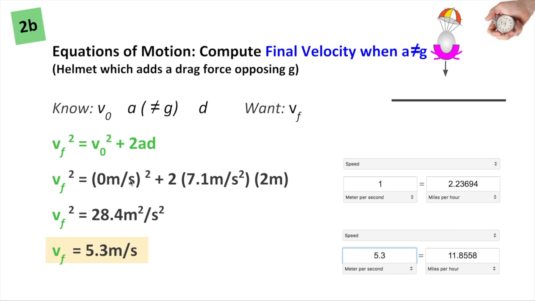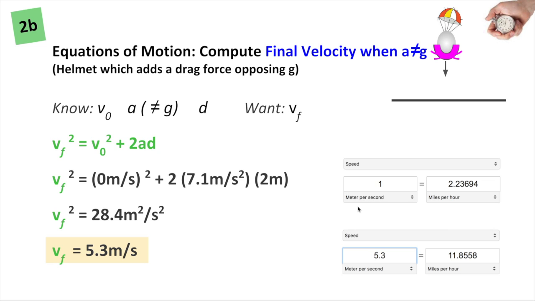v0 is 0 meters per second, square that, plus 2 times a, 7.1 meters per second squared, times d, 2 meters. Multiply out the right side, this is 0. This part comes out to be 28.4 meters squared per second squared. Always check your units. So when I take the square root of each side, v final will equal 5.3 meters per second.